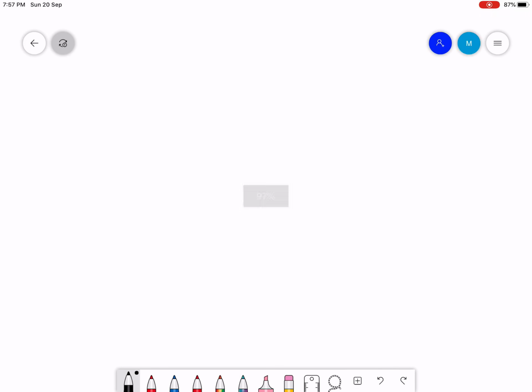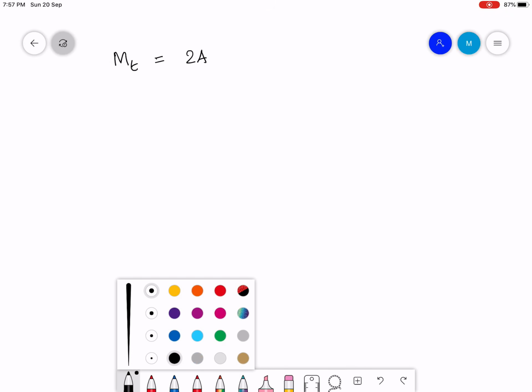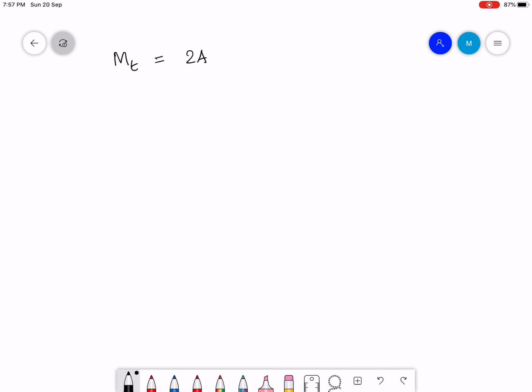So I can write mt is equal to twice into area into tau into ts. Okay, so what I am doing is I am writing this as 2A into qs, where qs is called the shear flow.